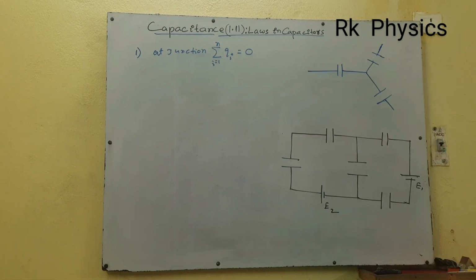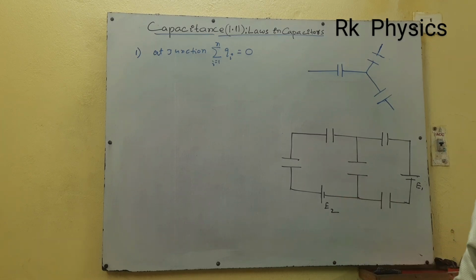In an isolated system, net charge remains the same. That is its meaning. At the junction, the sum of charges equals 0. That means some charges are entering towards the junction and some charges are leaving the junction. If you add all, it is 0.